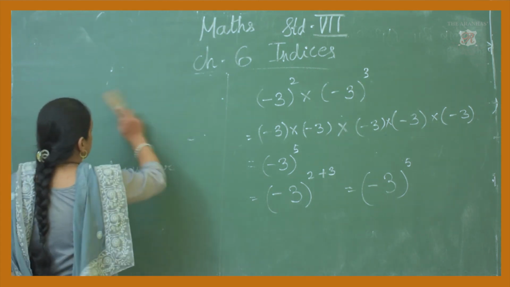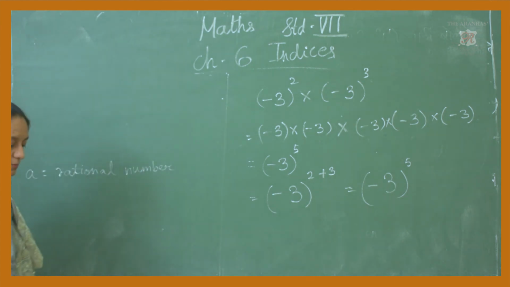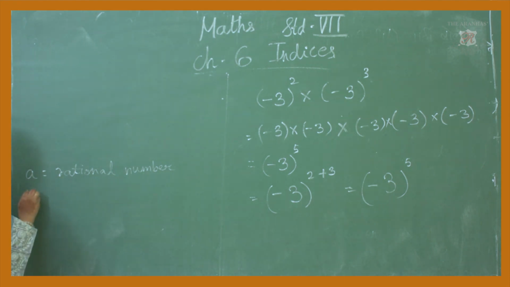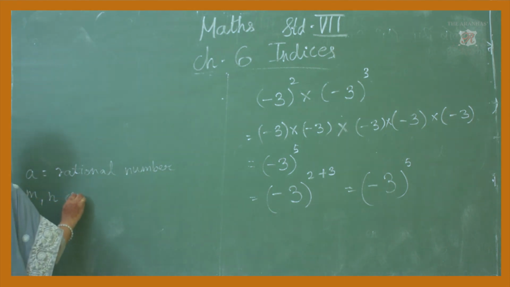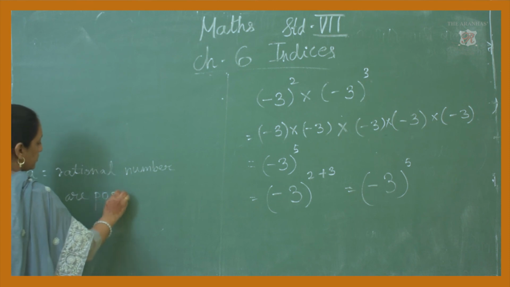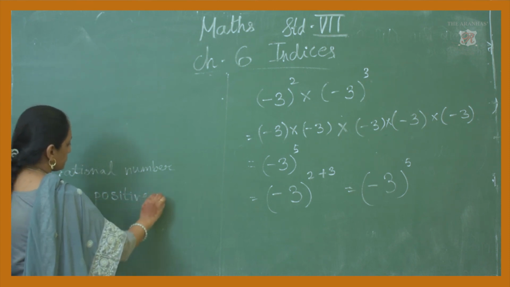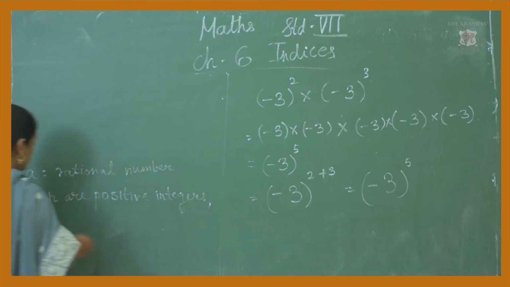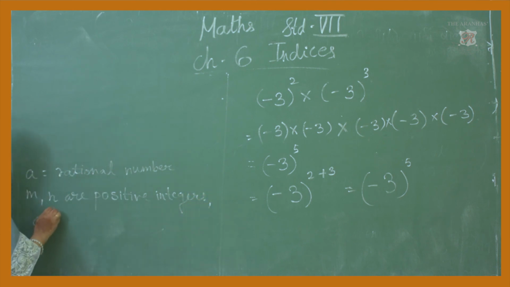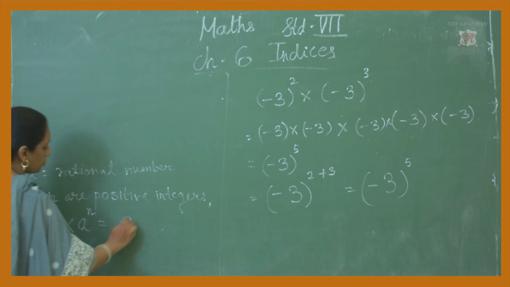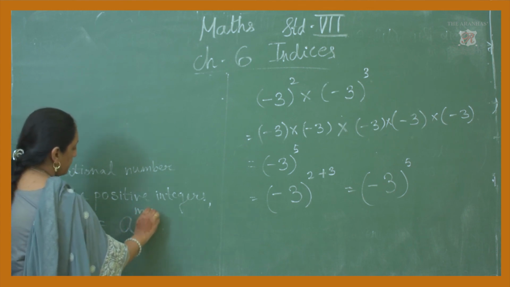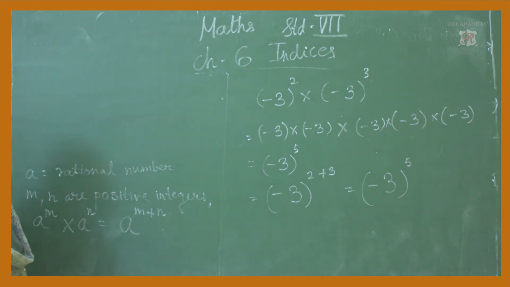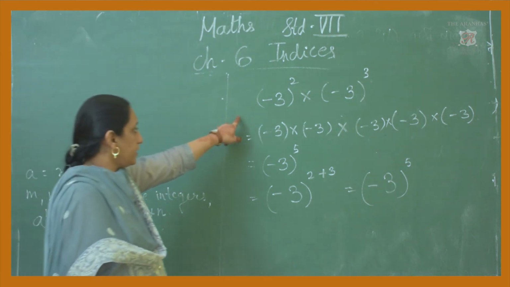So they have said, if a is a rational number and m and n are positive integers, then a raised to m multiplied by a raised to n is equal to a raised to m plus n.